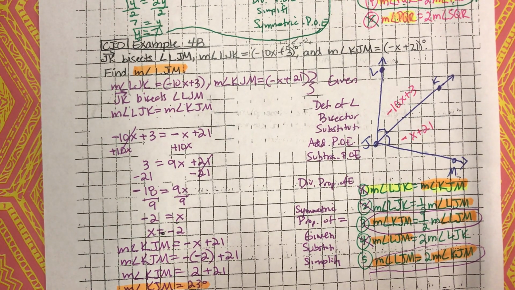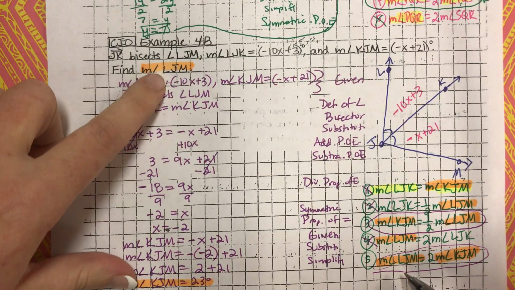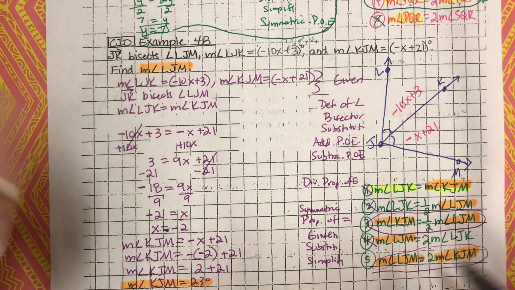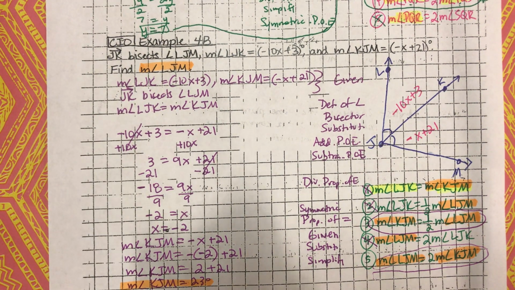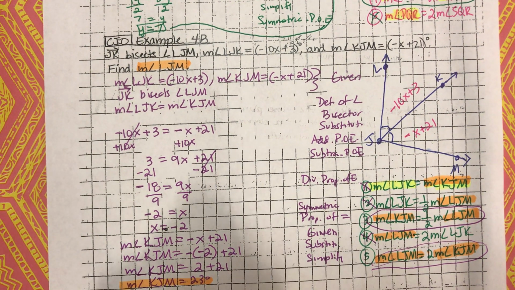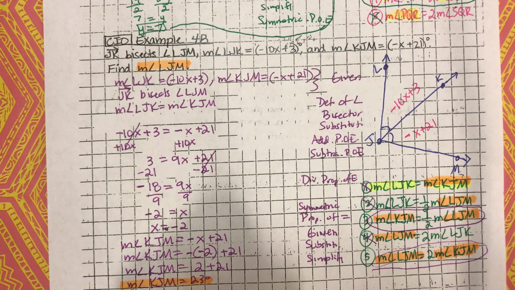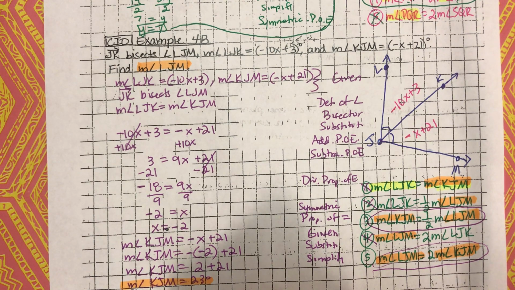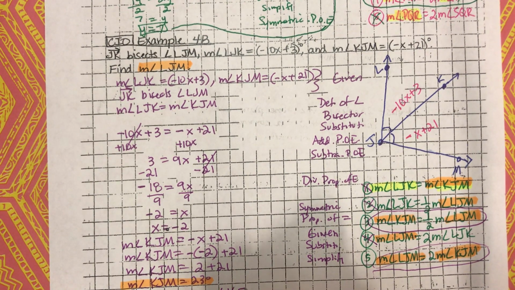Okay, how about, let's just use this equation right here because it's already solved for LJM, and so that will make it really nice. So I'm going to use this equation here. Measure of angle LJM is equal to 2 times the measure of angle KJM.